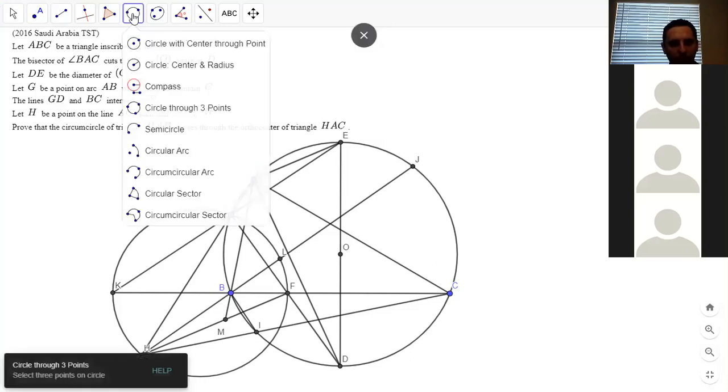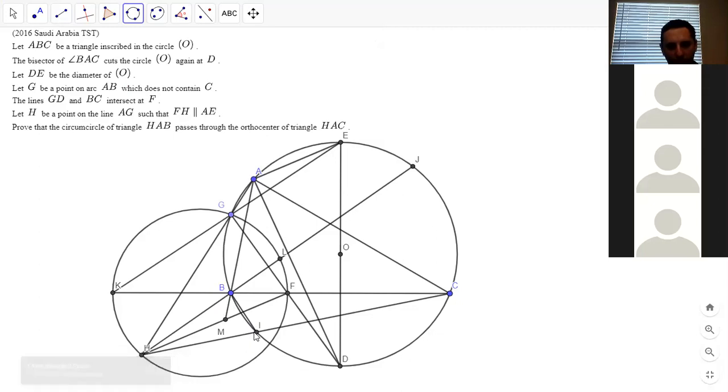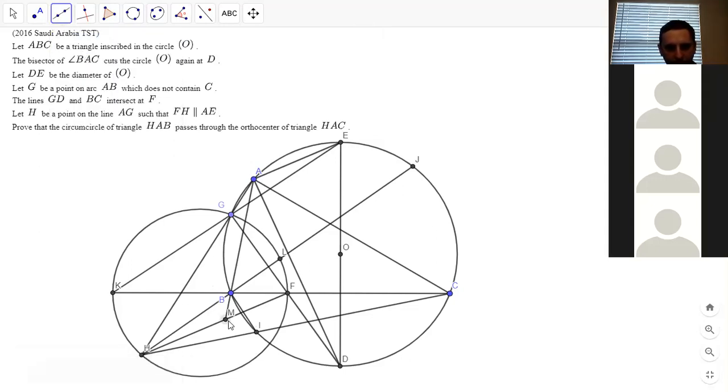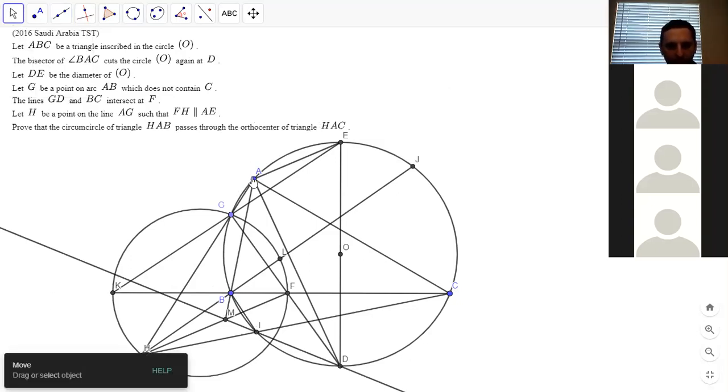What if, so yeah, the goal is to show that M is the in-center of HBI. Are M, I, and D collinear? Ah, so I think that might be the key. It looks like M, I, and D are collinear.